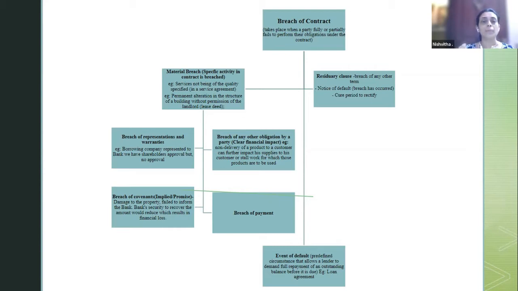Mr. A, Mr. B, Mr. C, all three of them are in a contract. Assume A is a real estate company with a residential apartment. Now A has onboarded B, who is a facility management company. It is B's responsibility that every day B comes to the premises and cleans the common area.